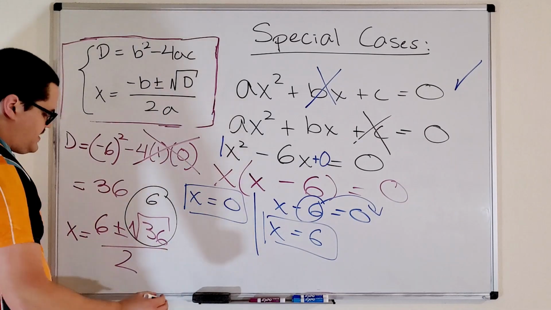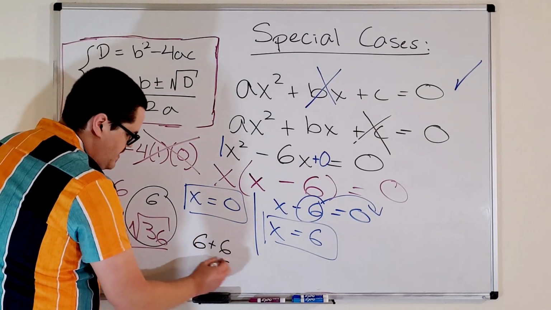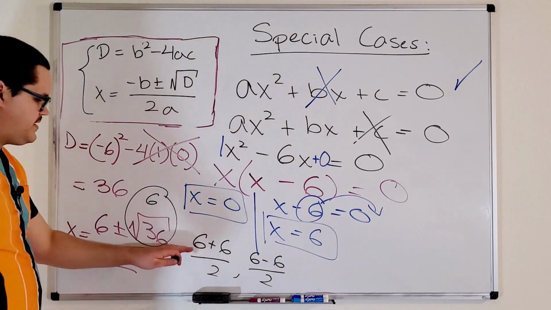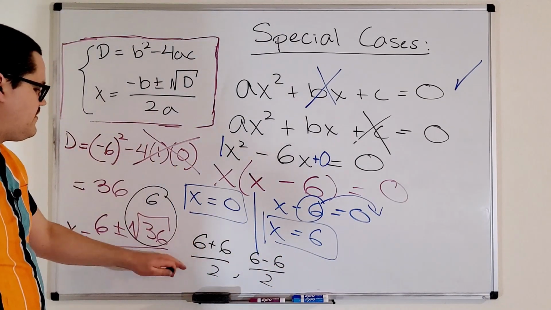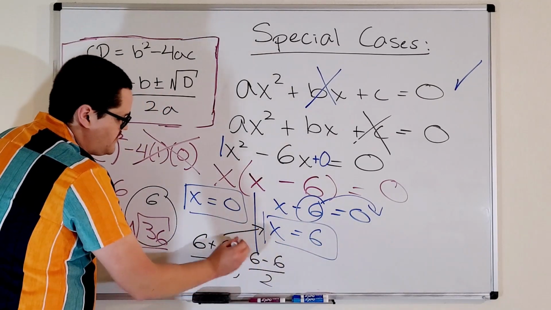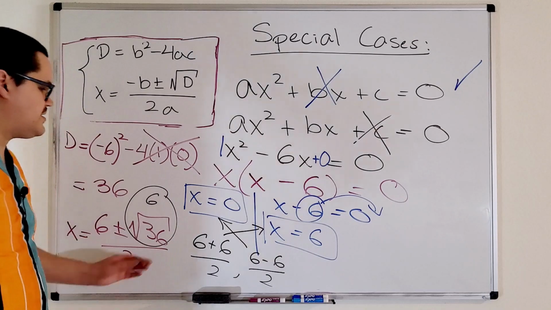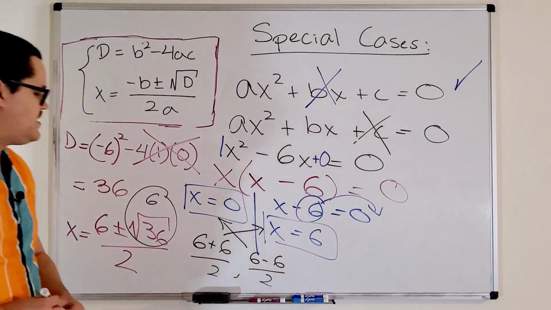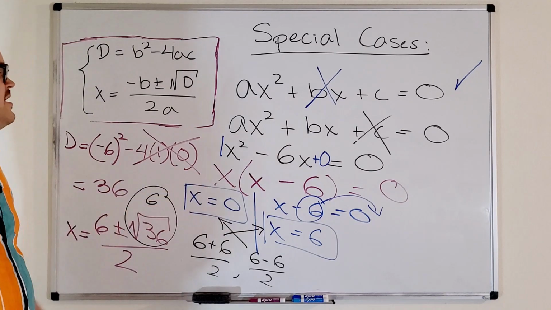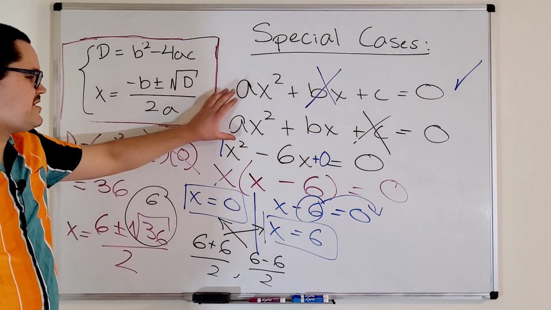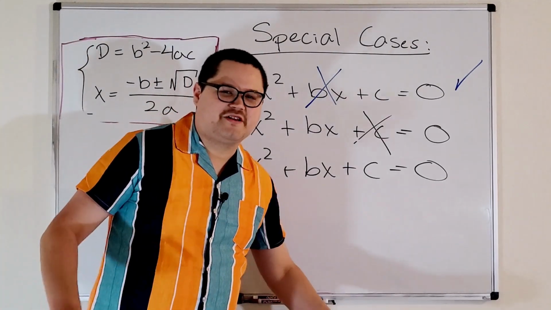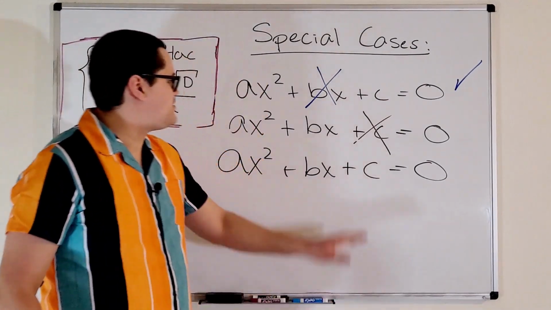So we do 6 plus 6 over 2 and 6 minus 6 over 2. So 6 plus 6 over 2, that's 12 over 2. That gives us 6, and 6 minus 6 over 2 is 0 over 2, which gives us 0. So we get the same two solutions from the quadratic formula, but I think you'll agree it's much easier just to factor and solve.